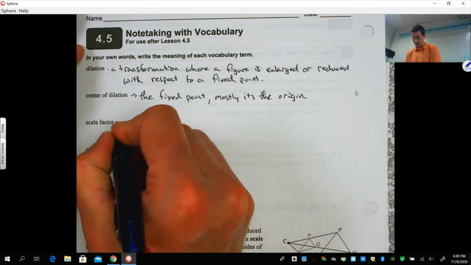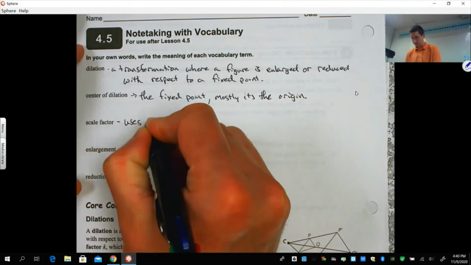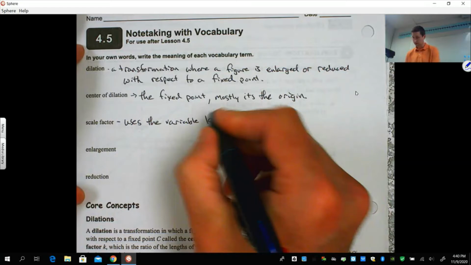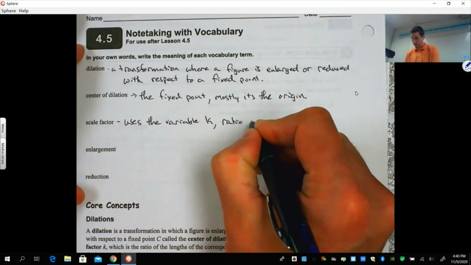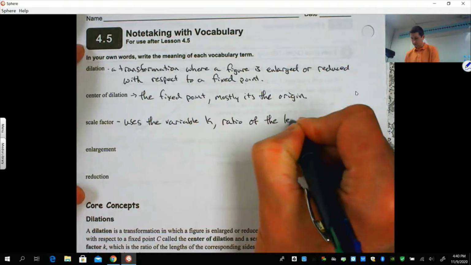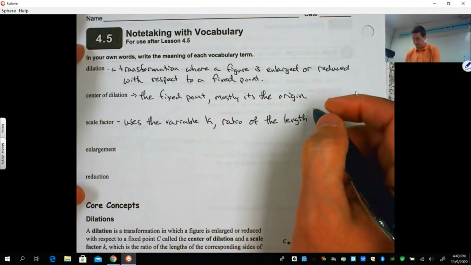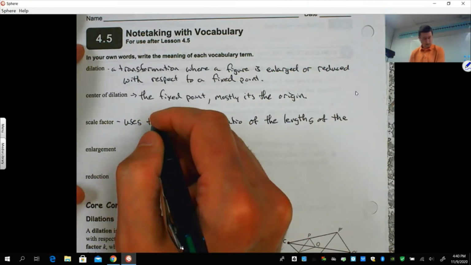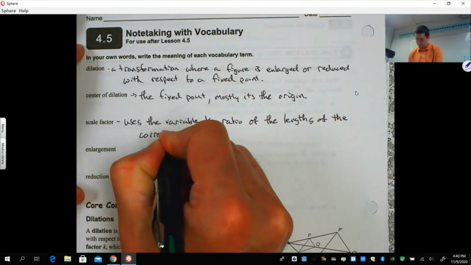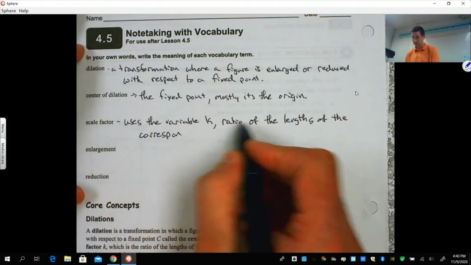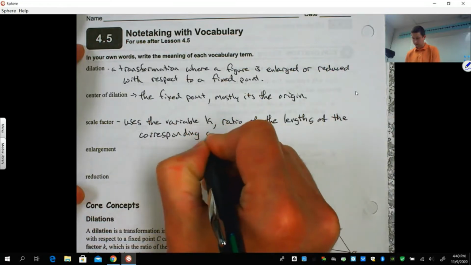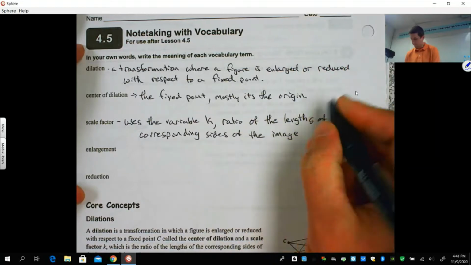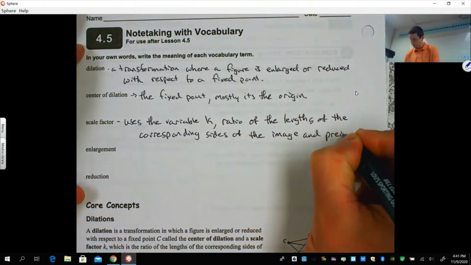The scale factor uses the variable k. Scale factor uses the variable k. And it's the ratio of the side lengths of the corresponding sides of the image and pre-image.